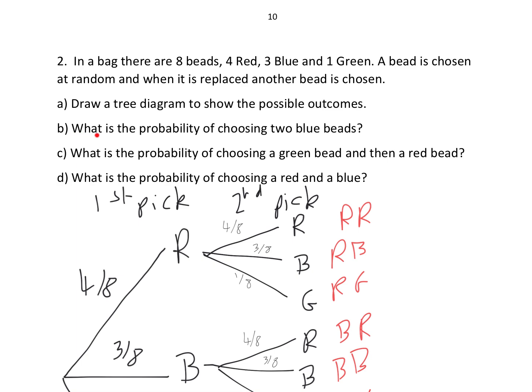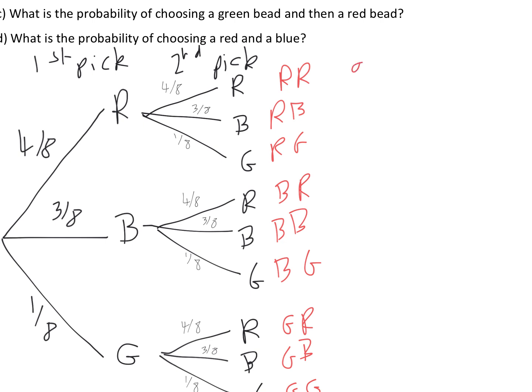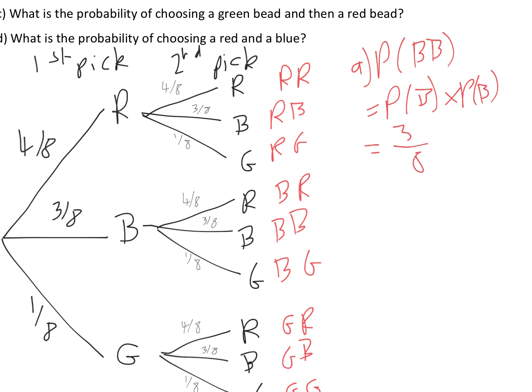So part B, what is the probability of choosing 2 blue beads? 2 blue beads is this one here. So I'm just going to put part A. That's the probability of blue, which is, this is probably optional here, probability of blue times probability of blue. You're reading those branches off, which is 3/8 times 3/8.